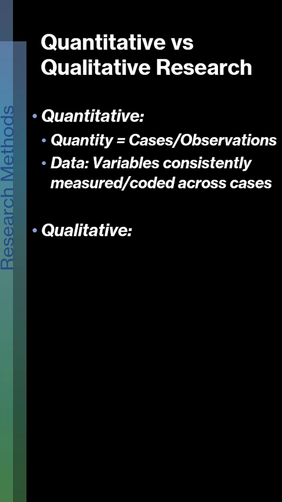Now, when it comes to qualitative, when we don't do that, it's qualitative. And so, what might drive us this way? Maybe you're making observations, and with qualitative cases, basically we're talking about case studies. But very often you don't necessarily have data, right?